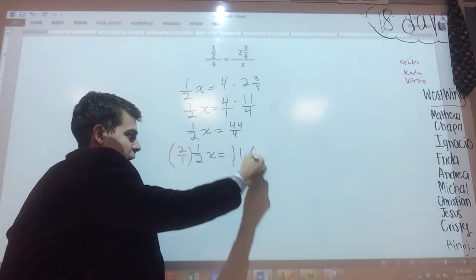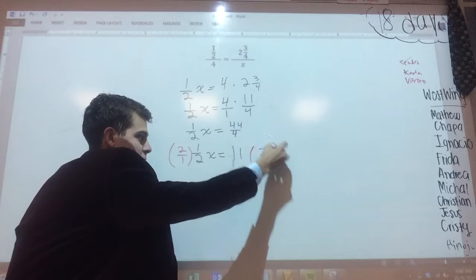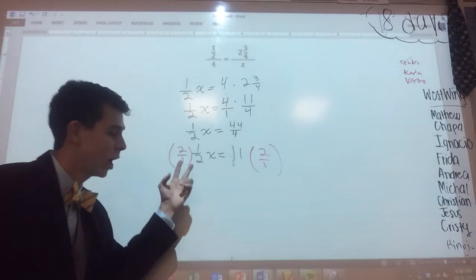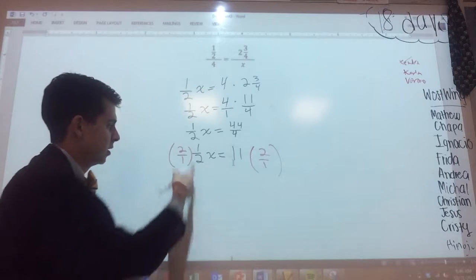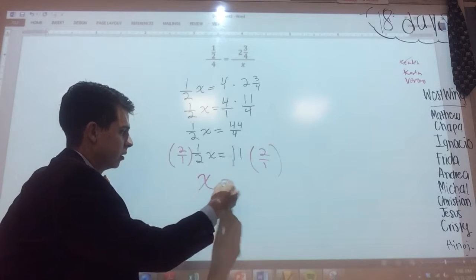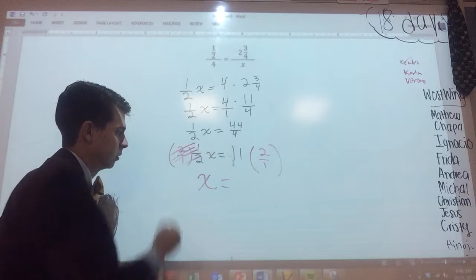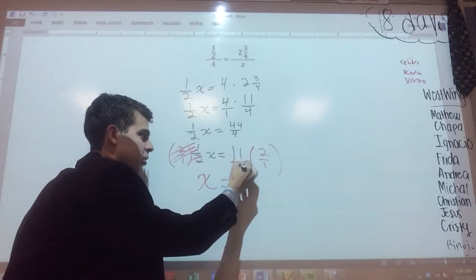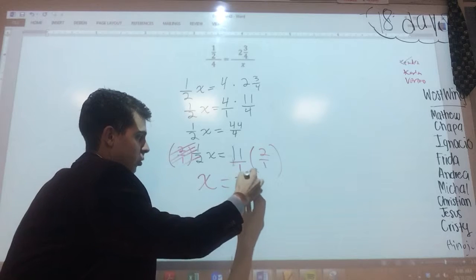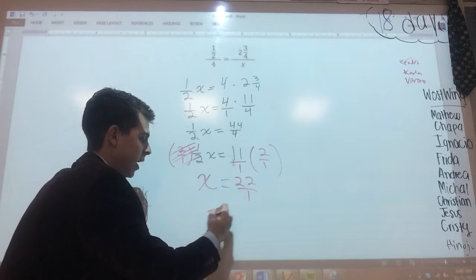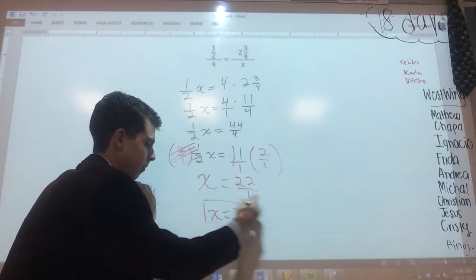But we can do it this way here. Multiply both sides by 2 over 1. I'm just doing the operation that is necessary to isolate the x. These will cancel. X is equal to, let's write 11 as 11 over 1. Multiply it straight across, 22 over 1. X is equal to 22.